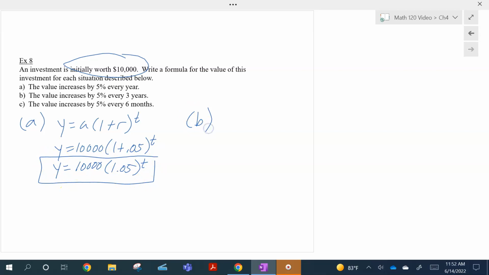B, the value increases by 5% every 3 months. Oh, I'm sorry, every 3 years. So let's write that. Every 3 years. Remember, t is time in years. So after 3 years, if t is 3, you don't want it to go up until then. If t is 3, in other words, you want that value to be 1.